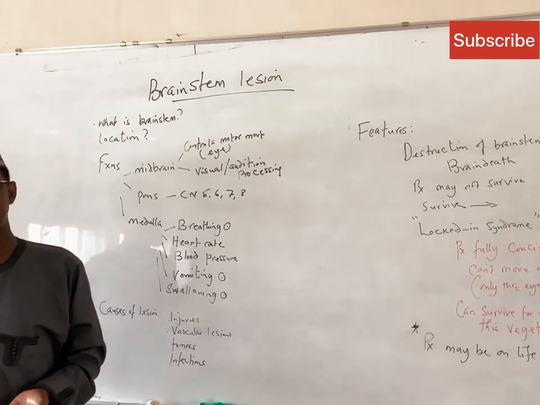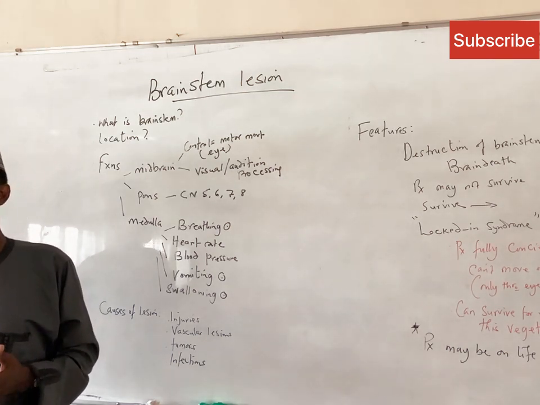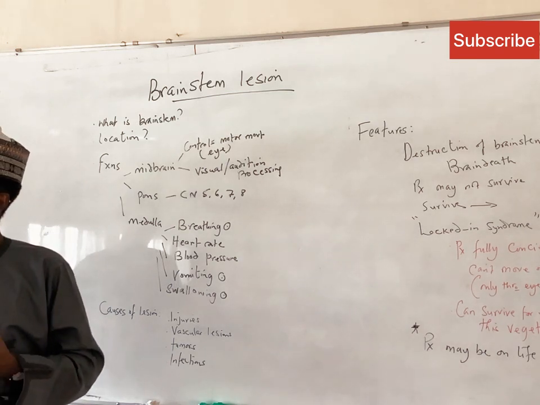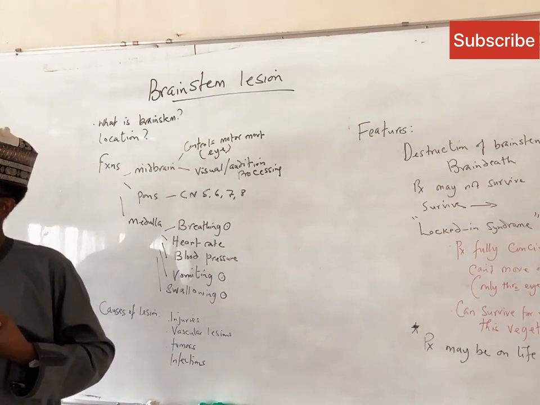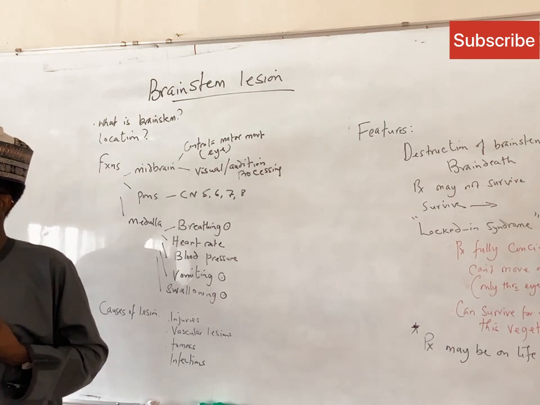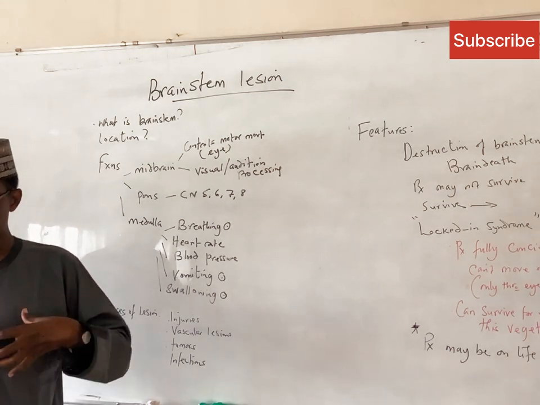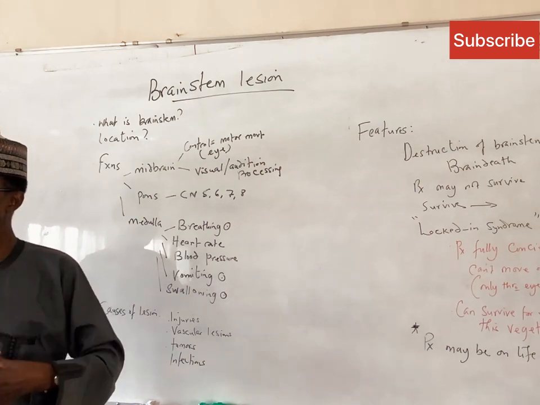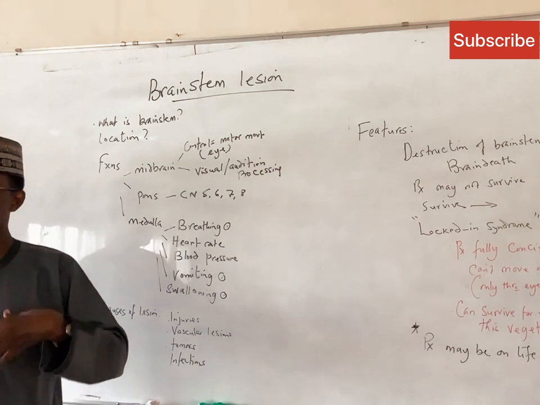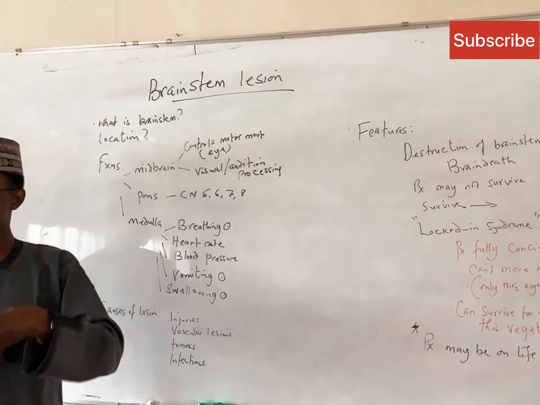That person is dead. The only way to certify somebody is dead is to use your stethoscope and listen to the heartbeat. If there is no heartbeat, that person is dead. And you check the chest expansion, up, down, up, down. That means the person is able to breathe in and out.